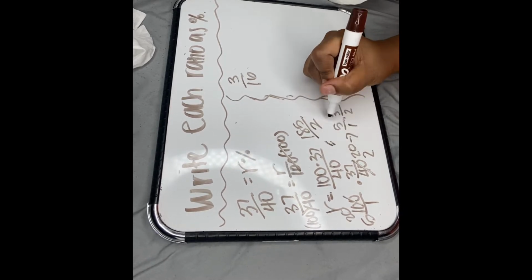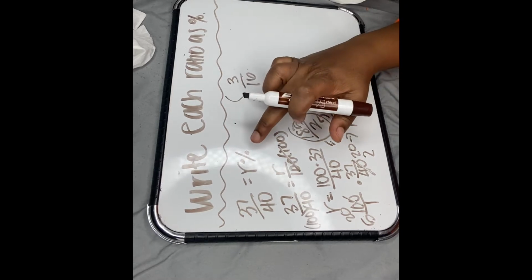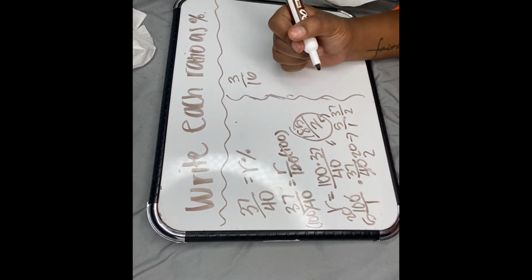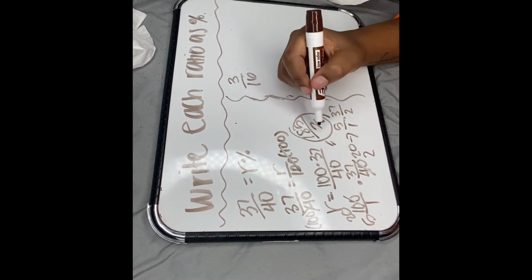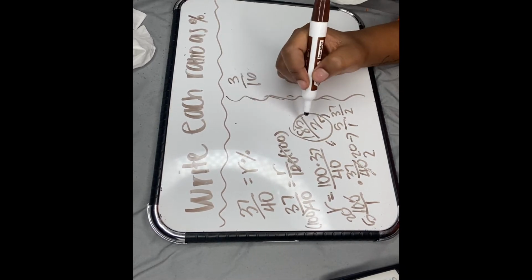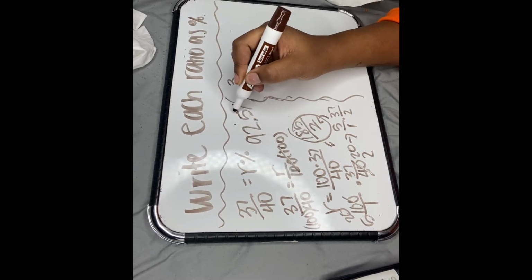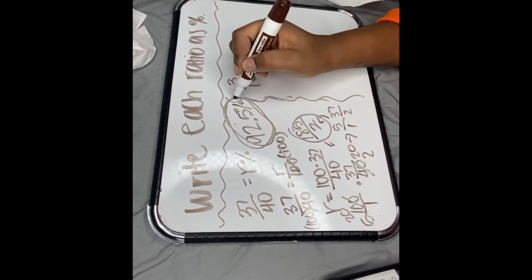So you'll have 185 over 2. We're looking for the percent of that number. So to find the percent of that number, you will divide 2 into 185. You can use a calculator. And that will give you 92.5%. And that is the answer.